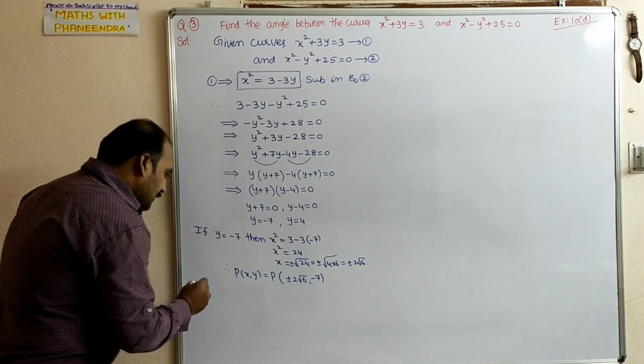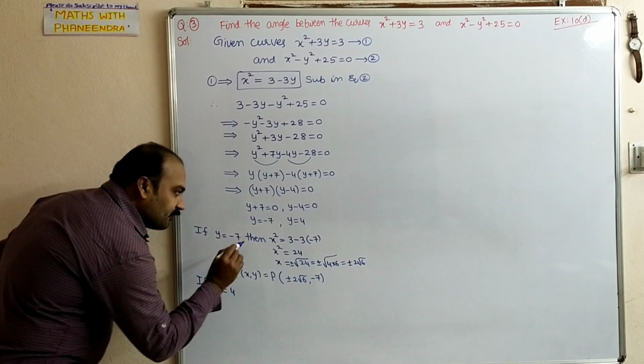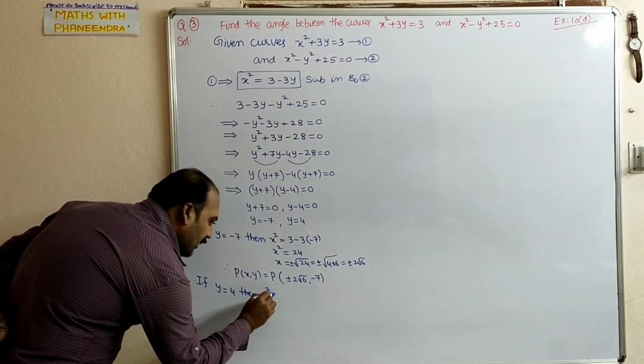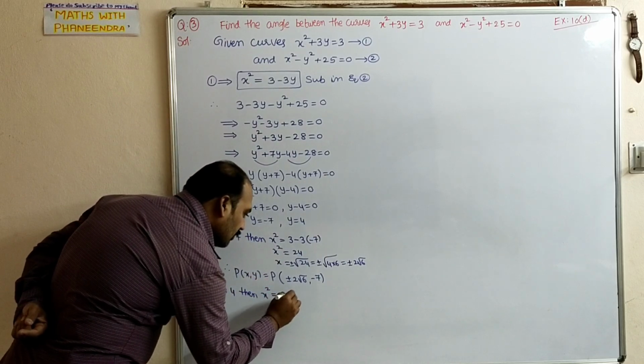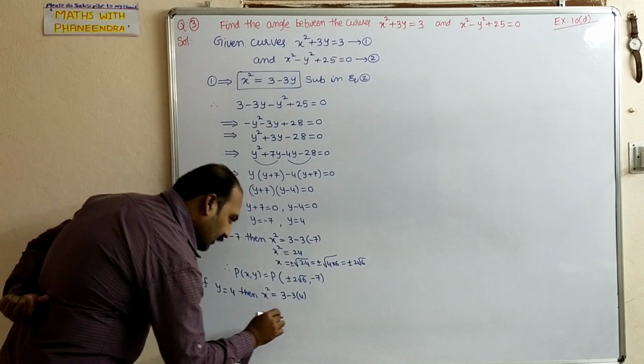Check the another case. If y is equal to 4, then x square equal to 3 minus 3 into 4. Y is equal to 4, we are substituting there.